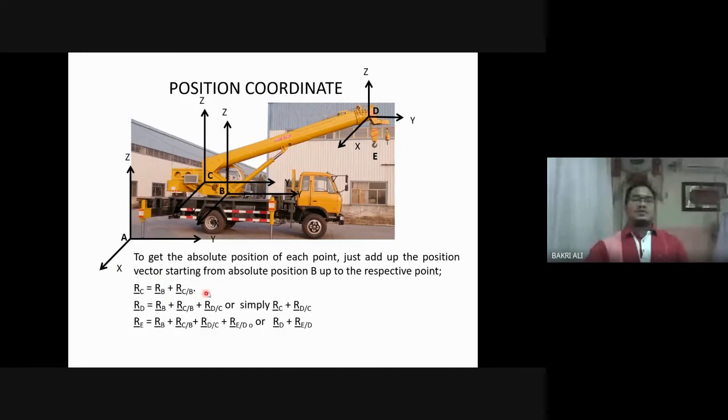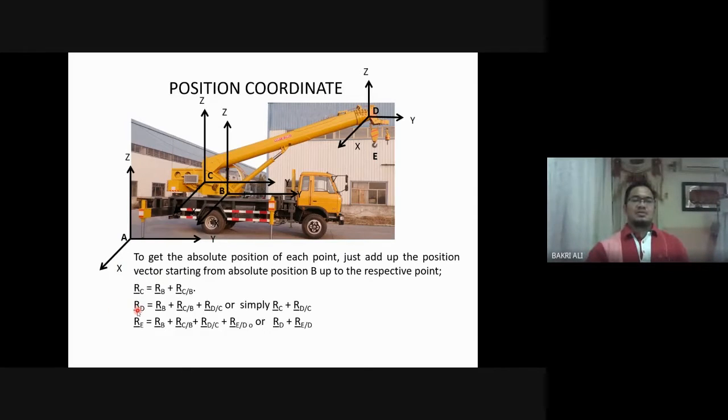If you want to simplify the writing, you can use R1, R2. Sometimes you can see R1, R2, but you must remember, R1 is always absolute, and R2 and above are relative positions.